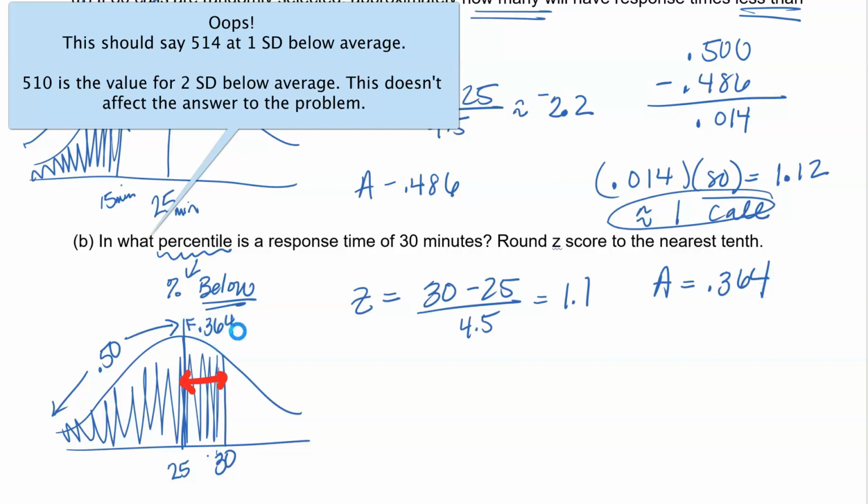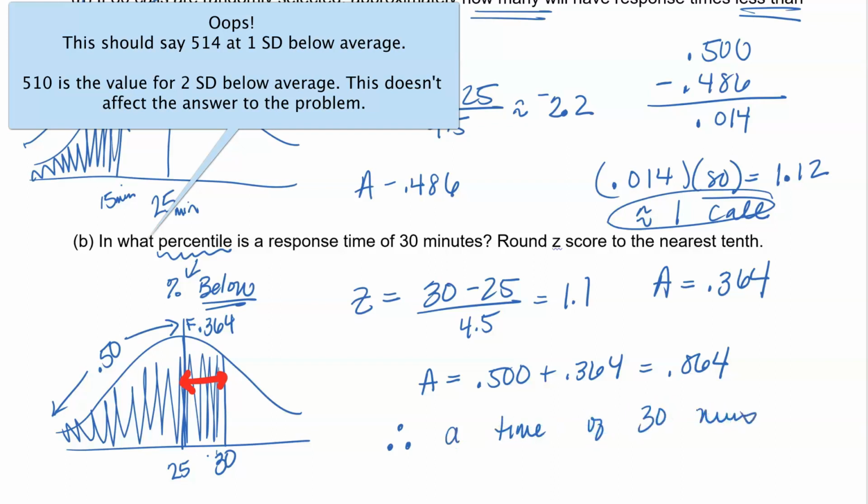And then if I want all of that, so I want the 0.50 and the 0.364, I'm going to add those together. So the total area is 0.500 plus 0.364 equals 0.864, okay? So therefore, the symbol means therefore, a time of 30 minutes corresponds to the 86th percentile.